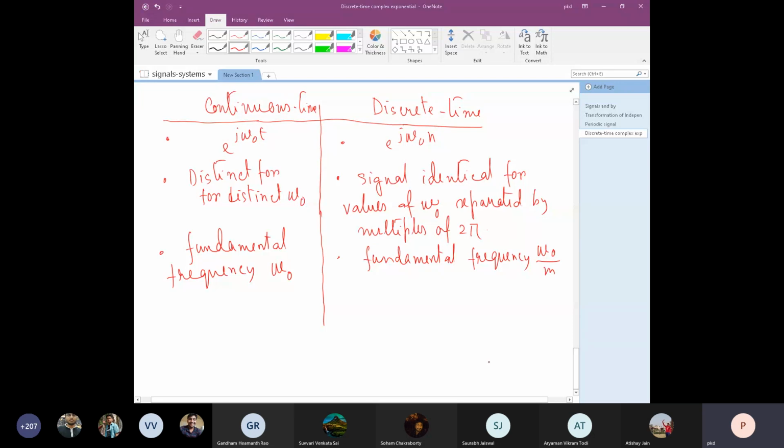And because m is an integer, if this is not a rational number, then you may not get a defined fundamental frequency.